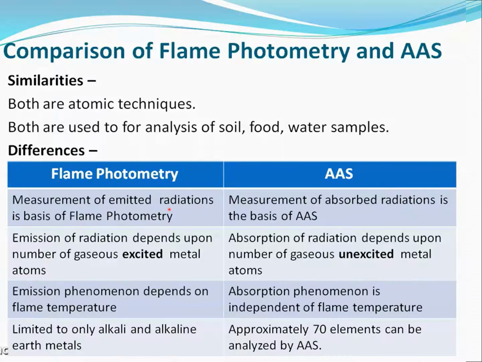So measurement of emitted radiation is the basis in one, and measurement of absorbed radiation is the basis in the other. Emission of radiation depends upon the number of gaseous excited metal atoms, and in this case, the number of gaseous unexcited metal atoms. Emission phenomenon depends on flame temperature. Absorption phenomenon is independent of flame temperature. Flame photometry is limited to alkali or alkaline earth metals, while atomic absorption can be used for approximately 70 elements. So this is very useful.